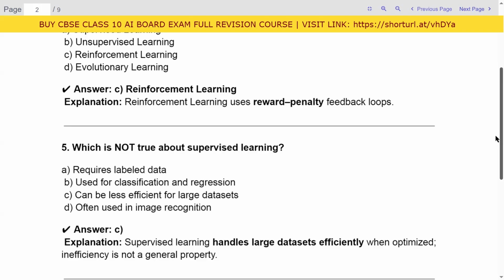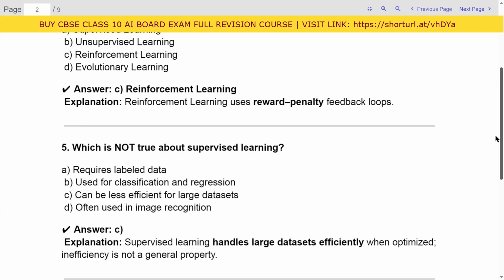Yes, it is used in image recognition also. So answer C, can be less efficient on large data sets, is not true. AI is in general useful because it can work on large data sets. For a small data set, you can write a simple program and work with it. But when the data set becomes large, it is difficult for a program to handle, so there comes the use of AI.